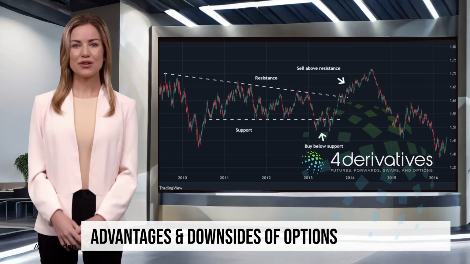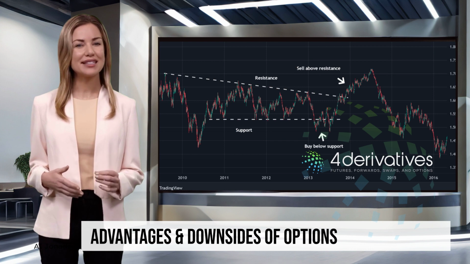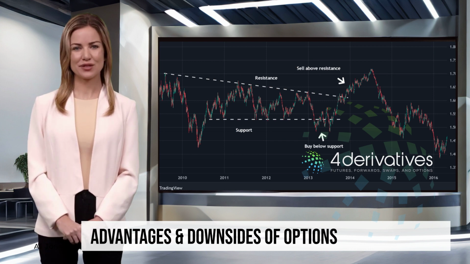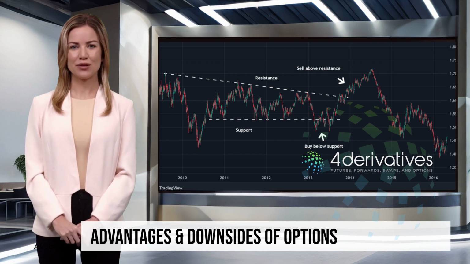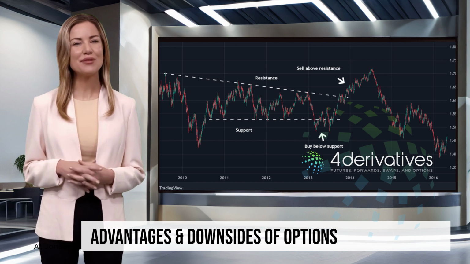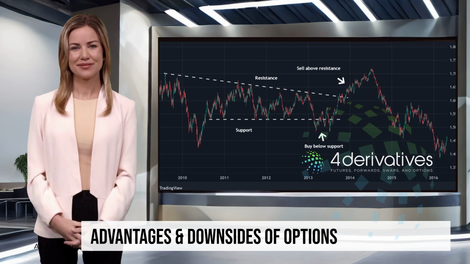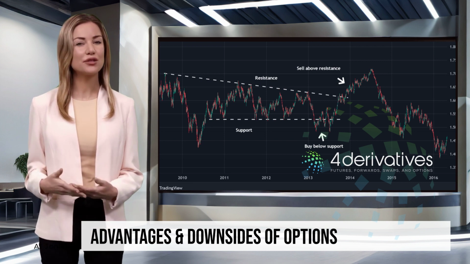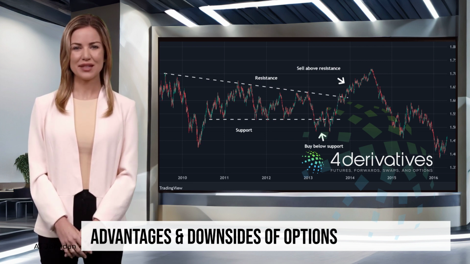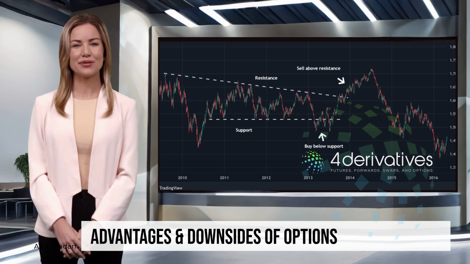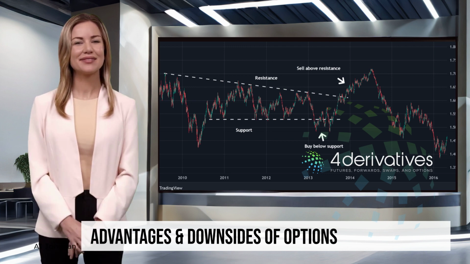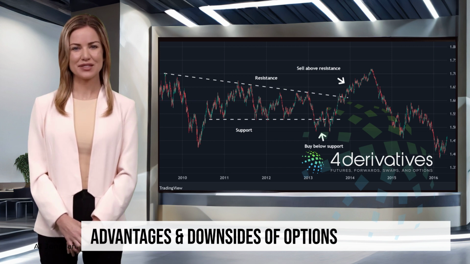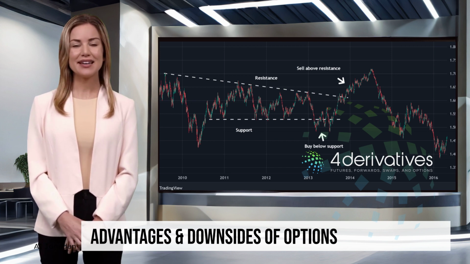But options traders may also be required to maintain a margin account with a brokerage, which can drive the price of total investment up. Low risk, high reward.